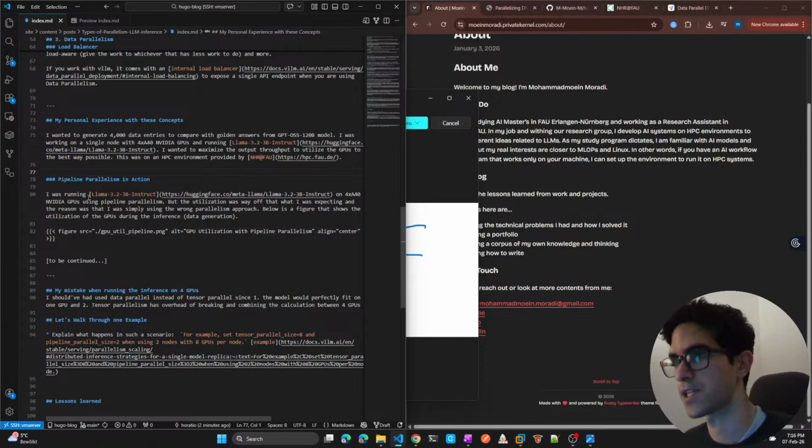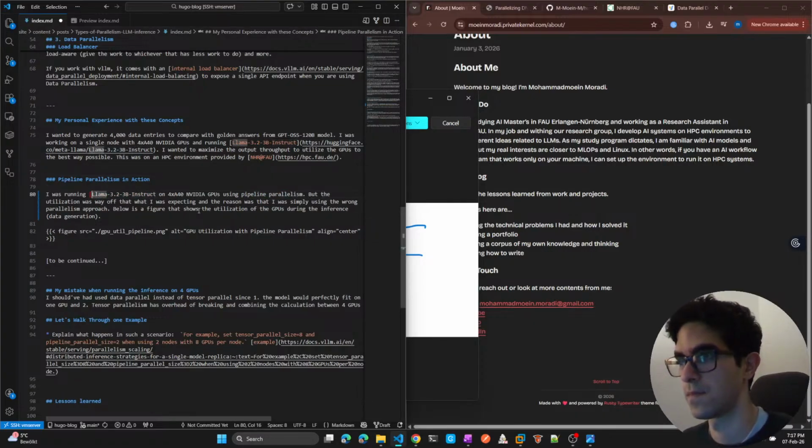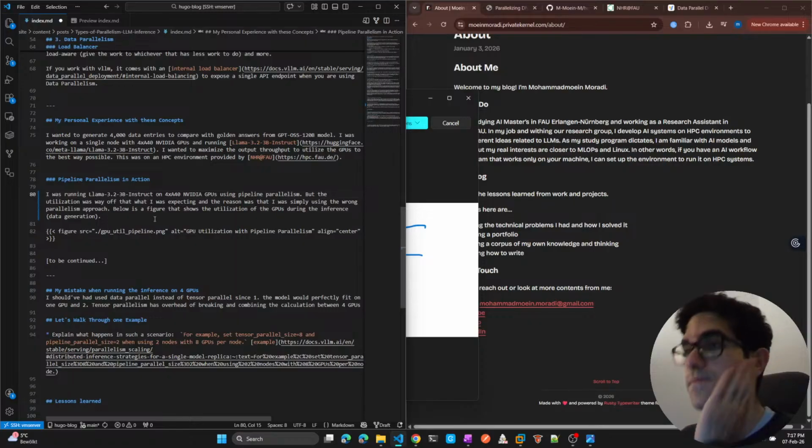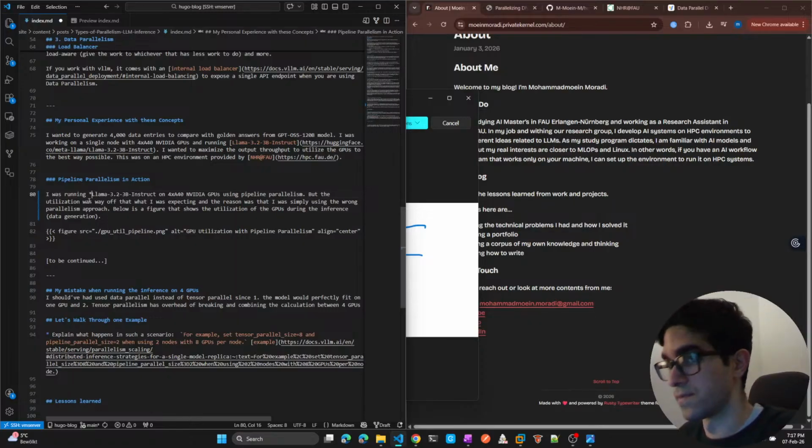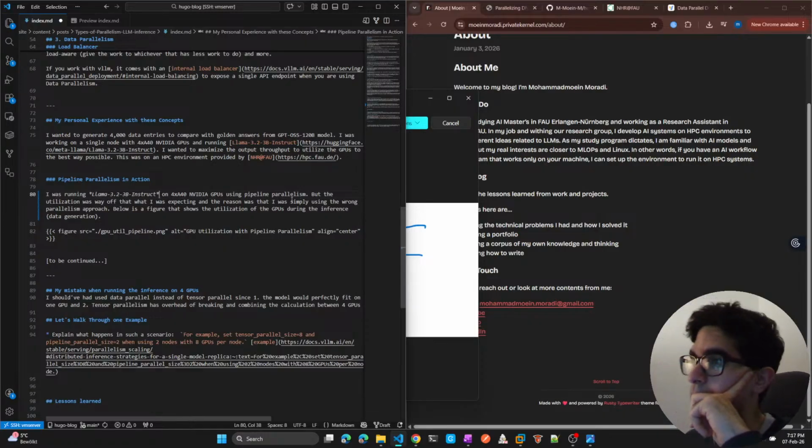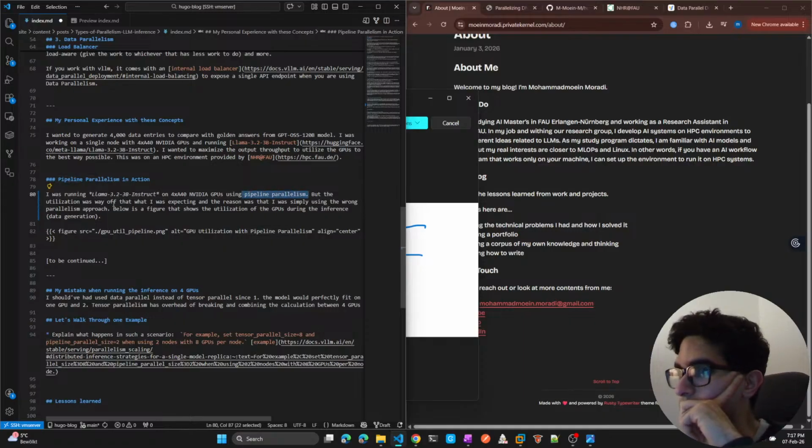Pipeline parallelism in action, and then I talk about running the model on 40 NVIDIA GPUs using pipeline parallelism, but the utilization was way off.